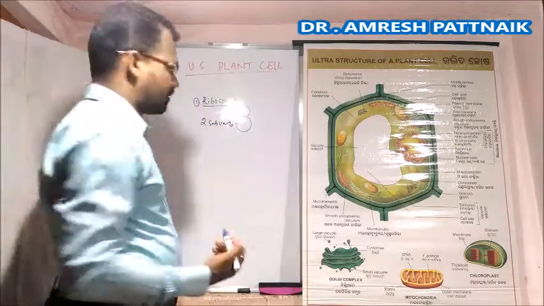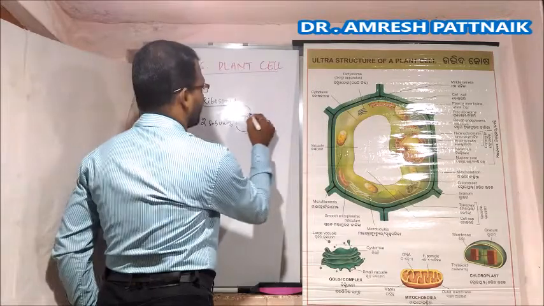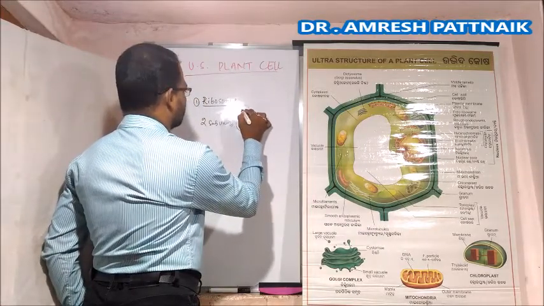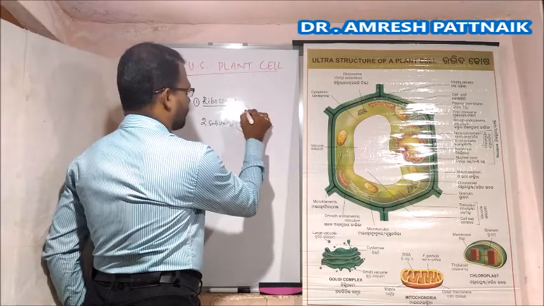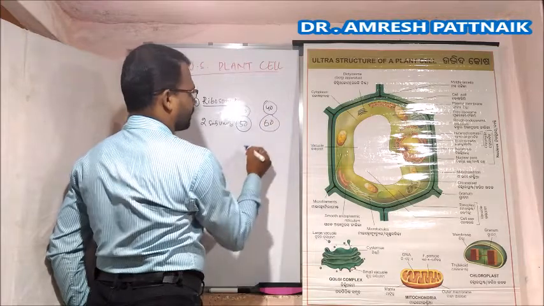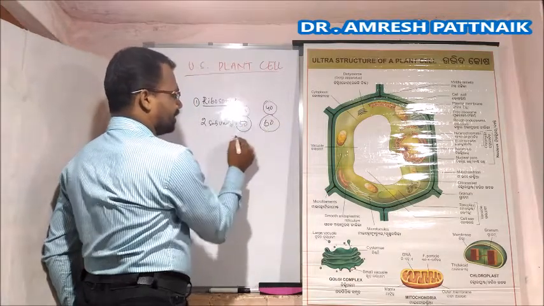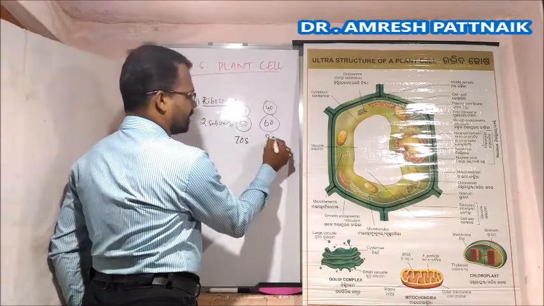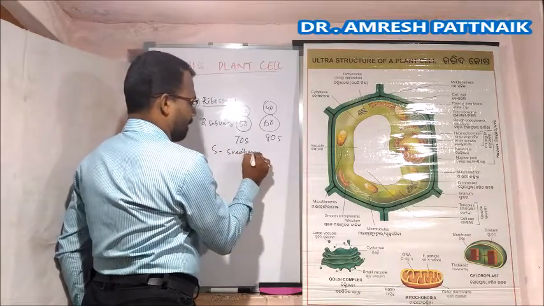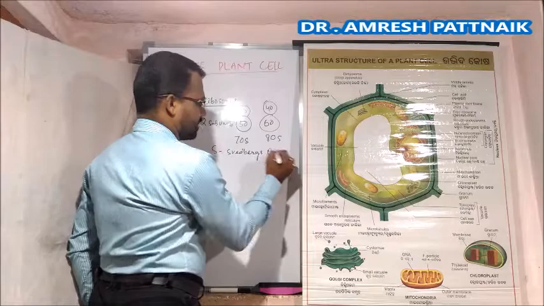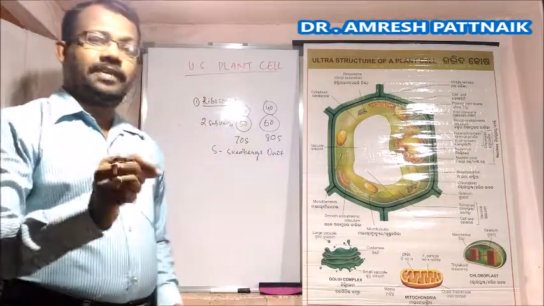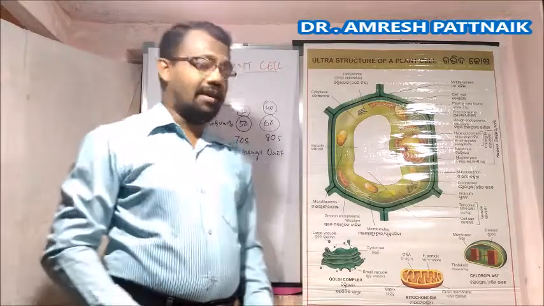Ribosomes are of three types. Here you will find 70S and 80S, and in lower organisms a 55S ribosome is also available.